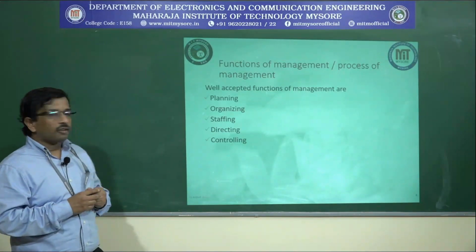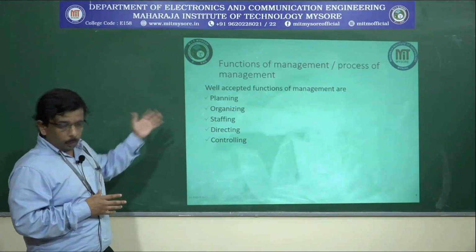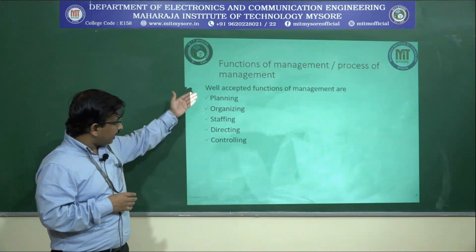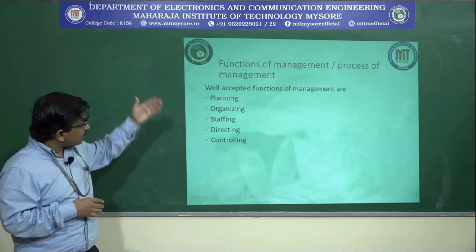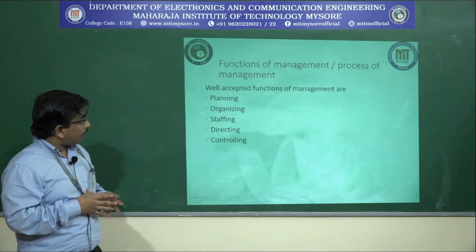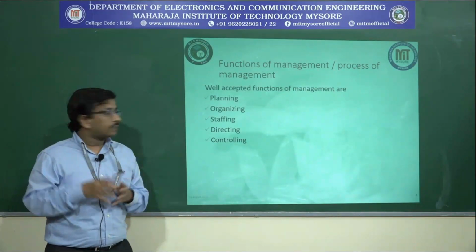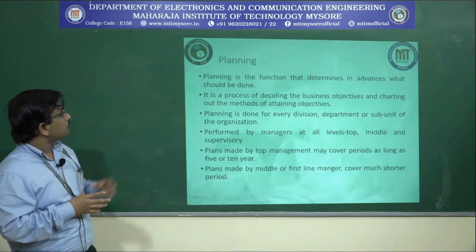What are the different functions of management per se? If we go with the book, it says planning, organizing, staffing, directing and controlling. These are the major functions of management, and they are well accepted functions of management. So what is planning again?